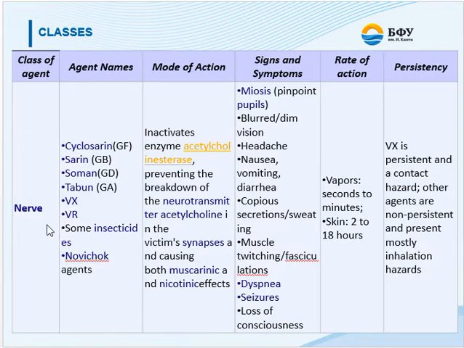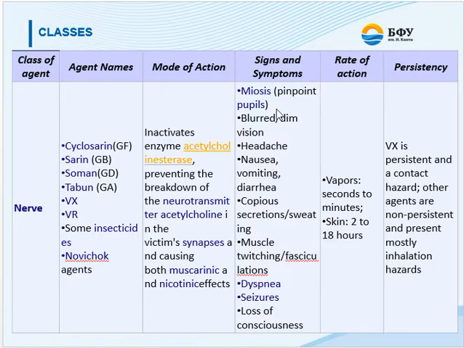Class: nerve agents. Agents: cyclosarin, sarin, soman, tabun, VX, VR, some insecticides, Novichok agents. Mode of action: inactivate the enzyme acetylcholinesterase, preventing the breakdown of the neurotransmitter acetylcholine in the victim's synapses, and causing both muscarinic and nicotinic effects.